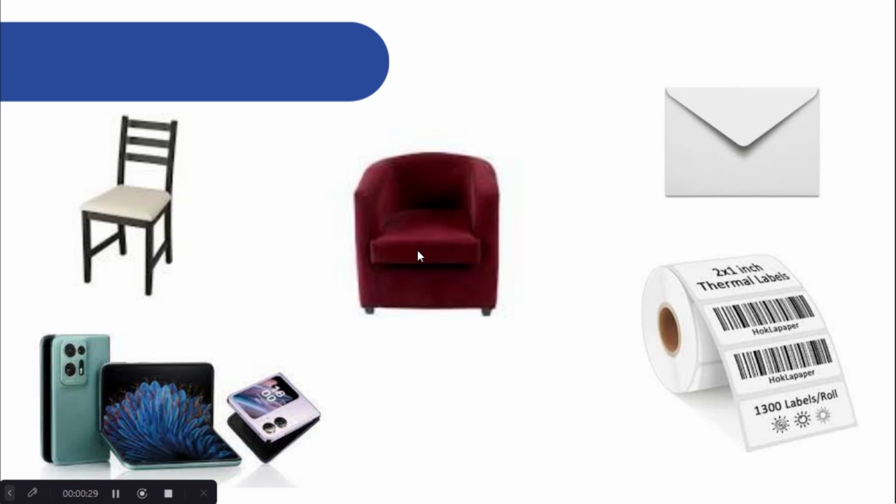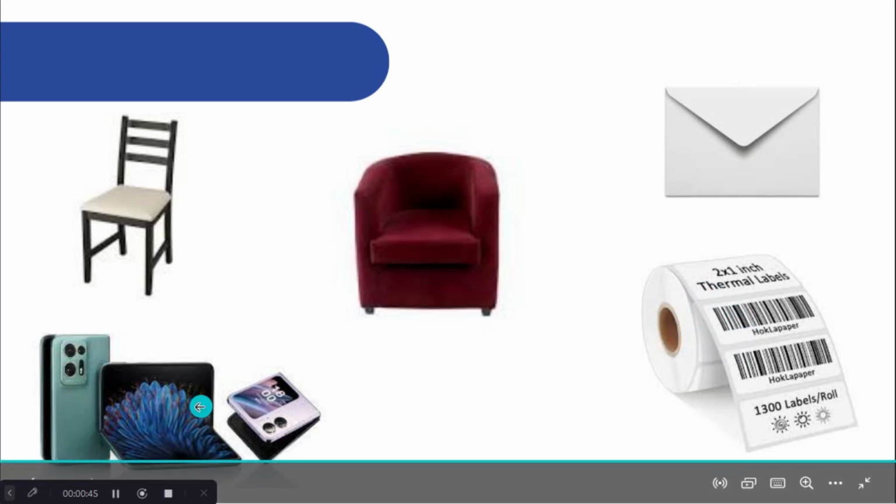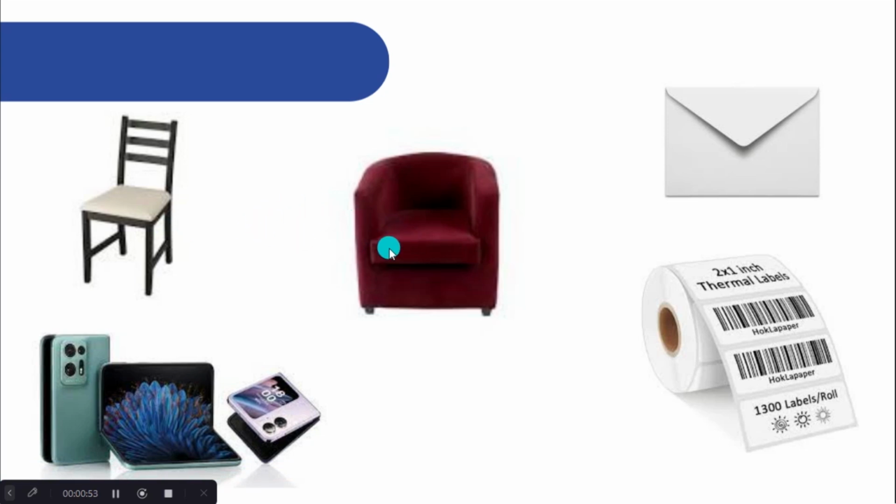Okay, I want to ask you, in which category does this belong? The envelope and the label can belong to office. We can also have different categories they belong to. The phone can belong to technology, and the chairs and the couch belong to furniture.